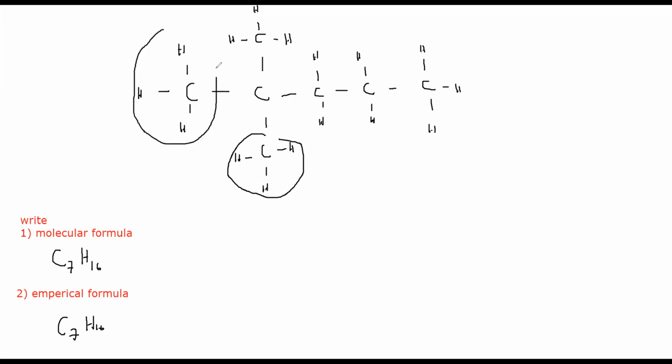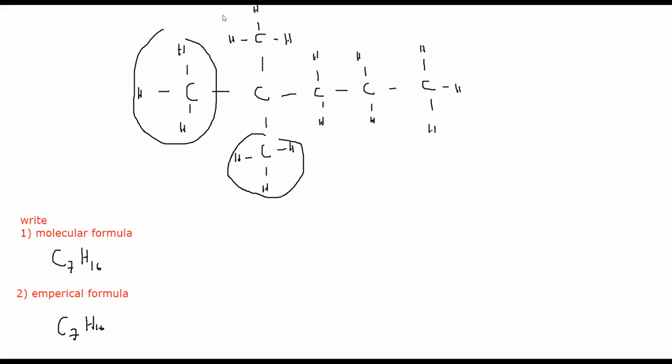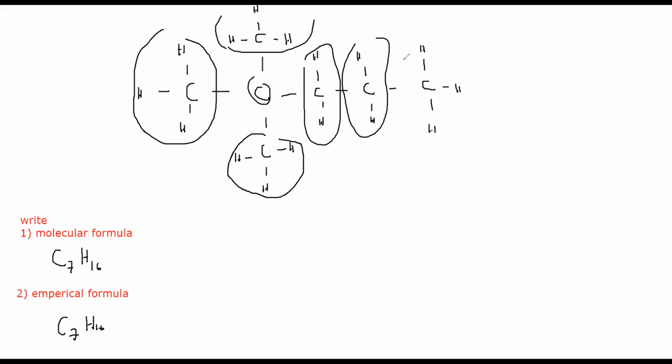This is one group, this is another group, then this lone carbon is there, because we don't need detail about the structure. So CH3, CH3 and CH3. There are three CH3s attached to carbon.